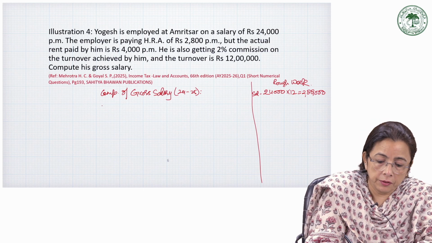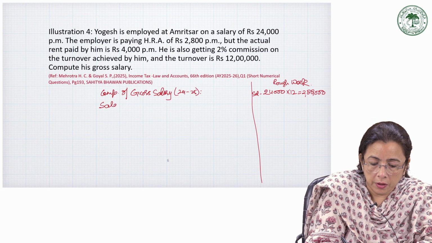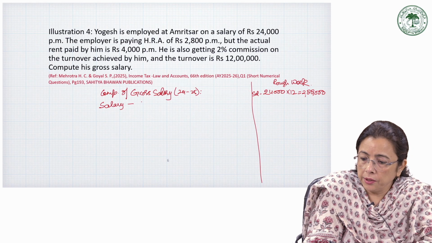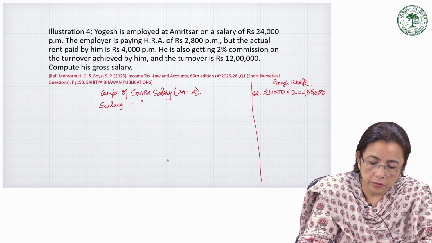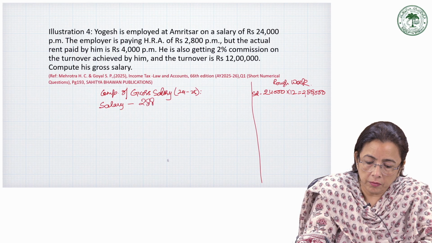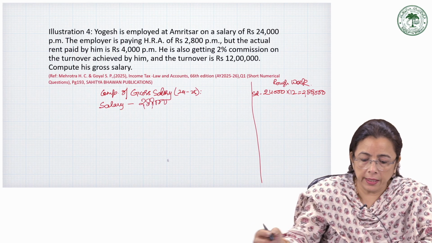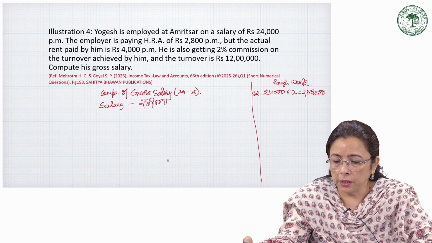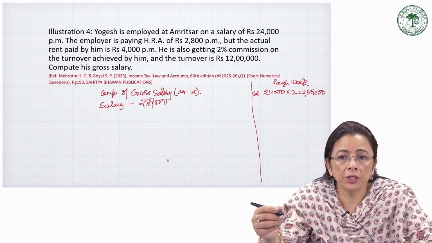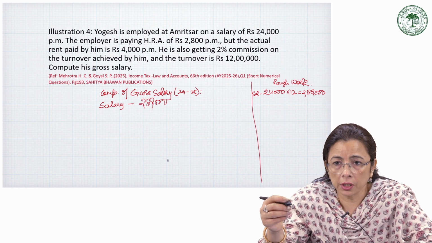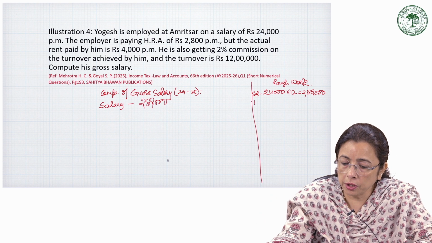Here, first we will put salary, which comes to 2,88,000, and after salary he is also getting a 2% commission on turnover.